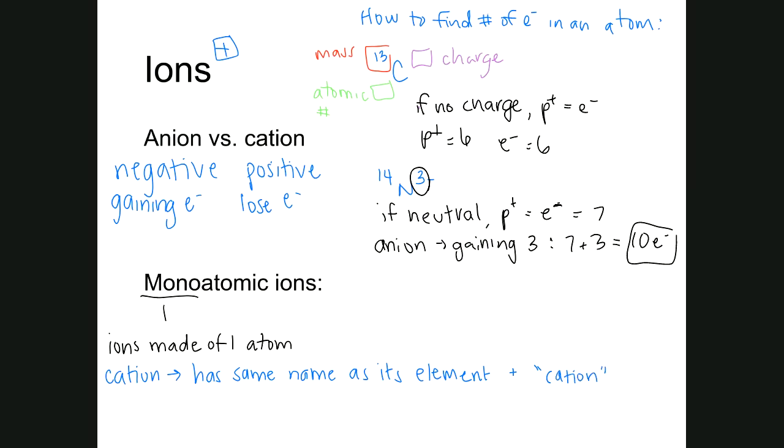Now I want you to note that all cations, all monatomic cations, are metals. This is always going to be the case. So I'm going to just change this element specifically to the name of the metal. Okay, so for example, we could have something like sodium. Sodium looks like this when it's in the ionic form, sodium plus 1. And so since it's a metal, we just call it sodium cation. It's that easy.